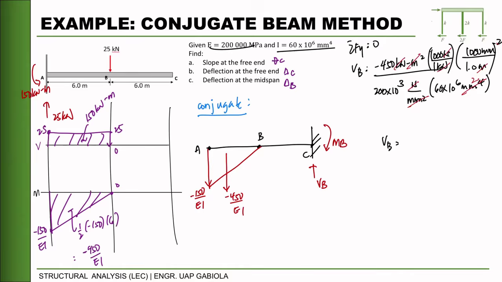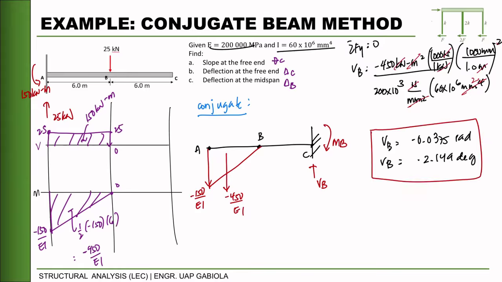The answer is negative 0.0375 radians, or that is negative 2.149 degrees. Then this answer is for theta C.